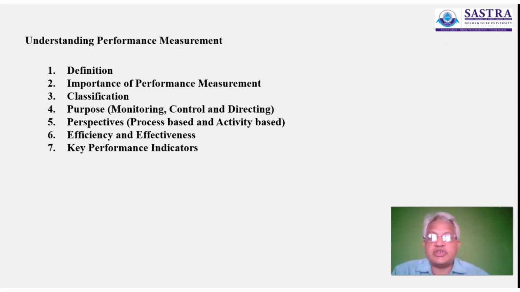So, before we start the course today, let's do a recap of what happened in the previous class. In the previous class, on performance measurement, we tried to understand the concept, we defined it, we saw the importance of performance measurement, we learned what happens if the company does not do measurement analysis, and we saw the classification of performance measurement, the different classes, and how different authors and academicians have defined it.